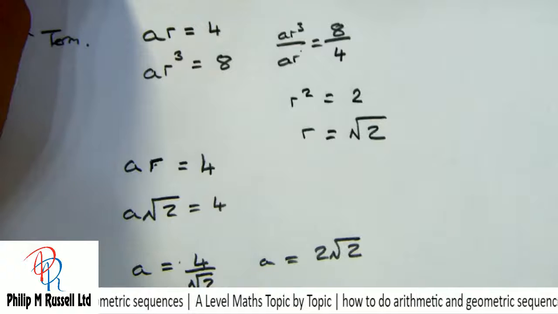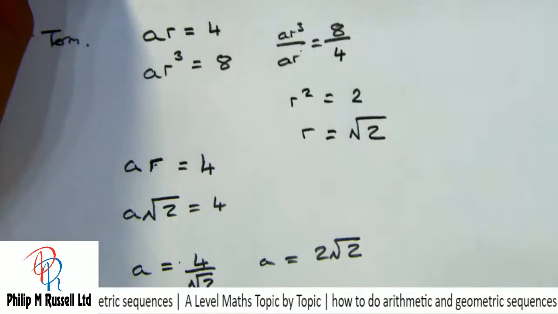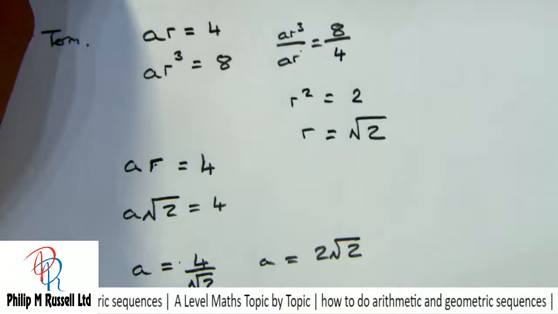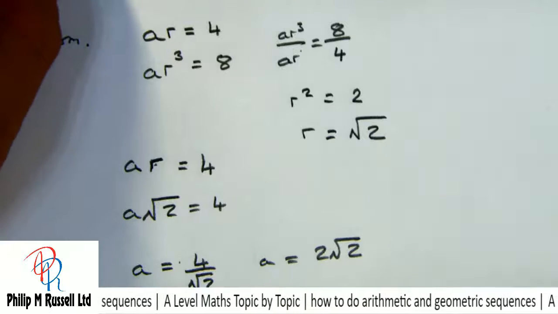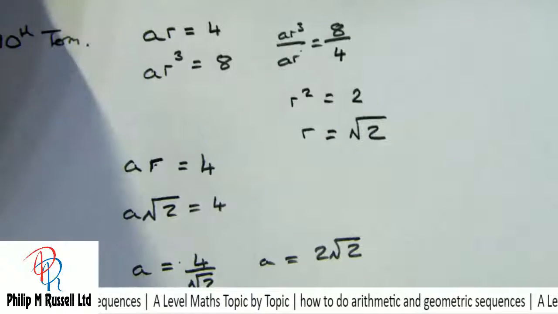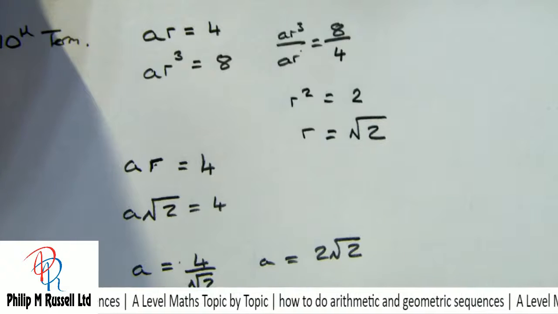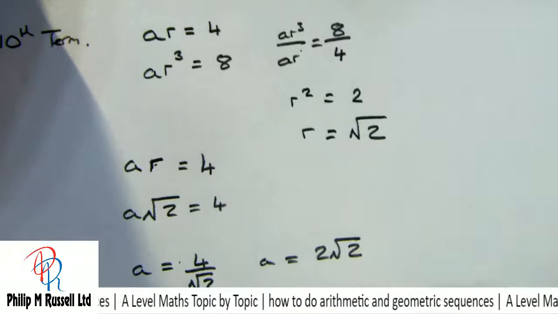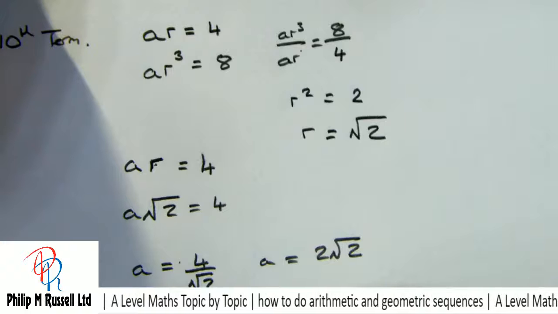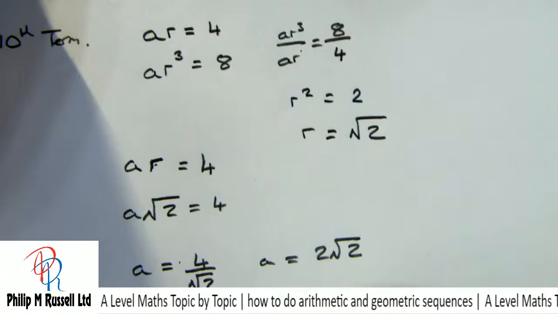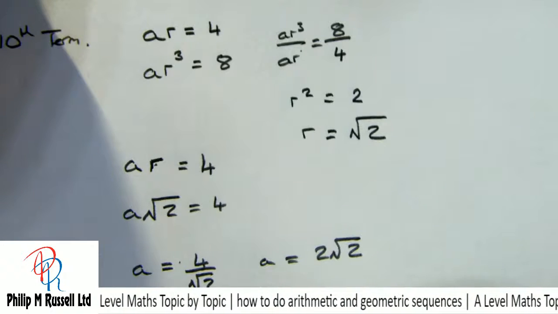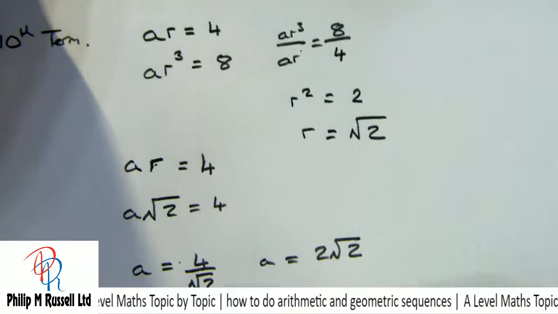If I'm trying to work out the 11th term, 10th term, 9th term, 8th term, it doesn't matter what it's going to be, I suggested the 10th term. Okay, so let's work out the 10th term. So we know our nth term is going to equal ar to the n minus 1.